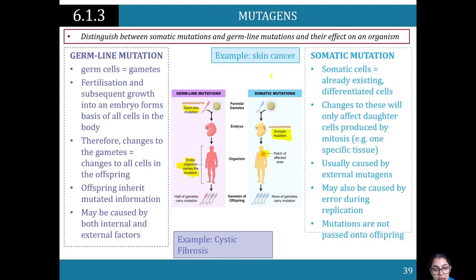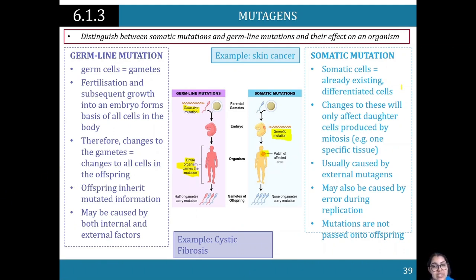So there we are. Germline mutations affect the gametes, and so changes to the gametes lead to changes to all cells of the offspring, and the offspring will inherit mutated information, and it can be caused by both external and internal factors. An example of that is cystic fibrosis.